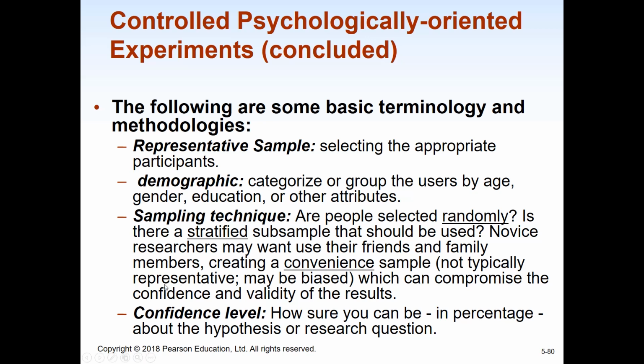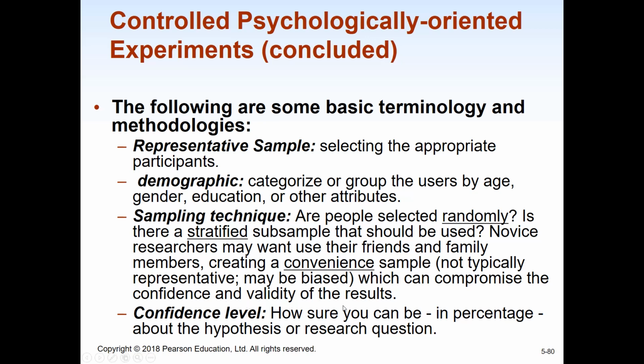Most of them may be from the same ethnicity, the same education level, the same age group, or the same gender, which may be biased and can compromise the confidence and validity, the credibility of the results.